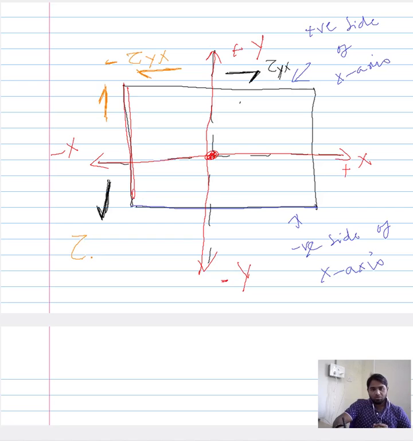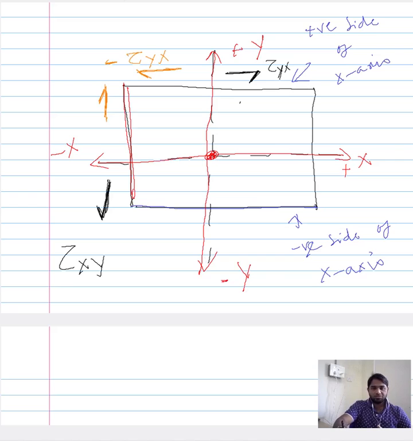So this stress is acting on the negative x plane along the negative y direction, with respect to the frame of reference that we have considered. So that means this is a positive shear stress.